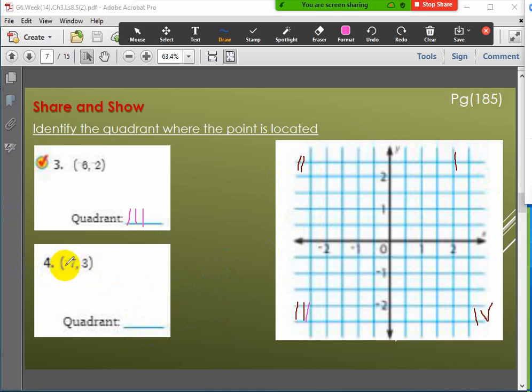Look, the x is negative, that means it will be on the left side of 0. And the y is positive, that means it will be up over the 0. This is x and this is y. That means this is the area, the quadrant that this point will be located in, quadrant 2, the second one.